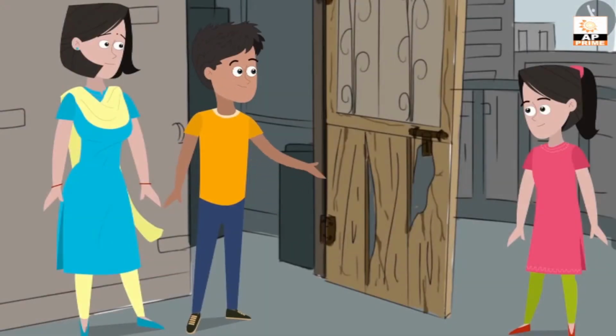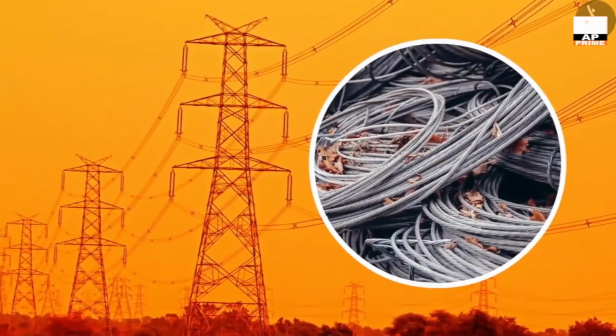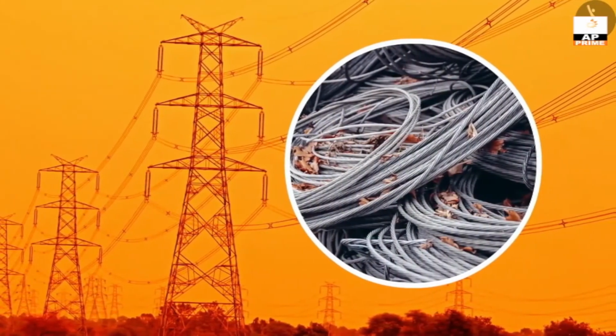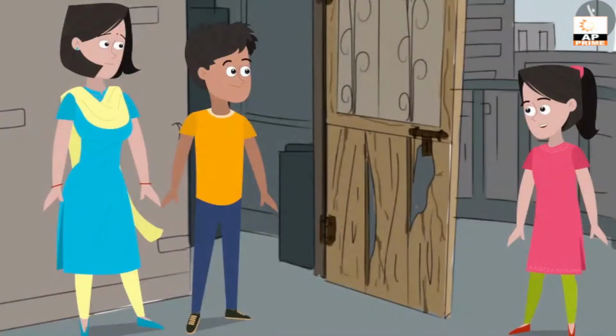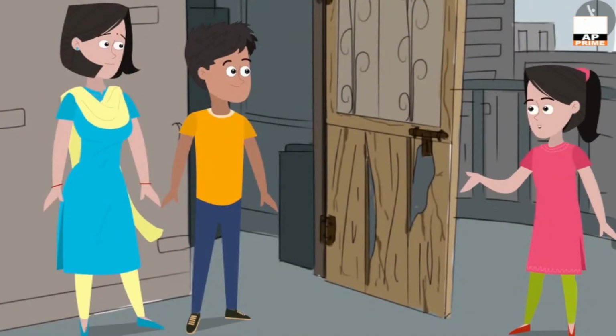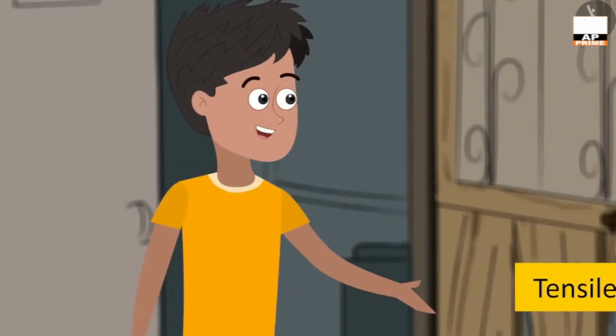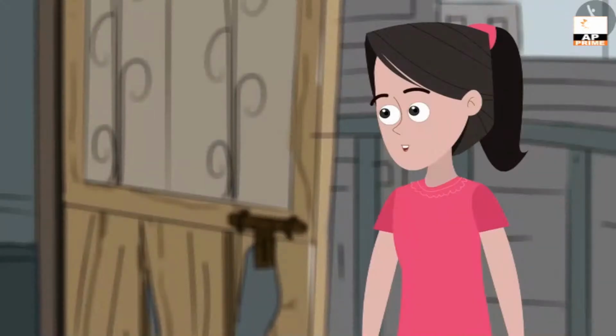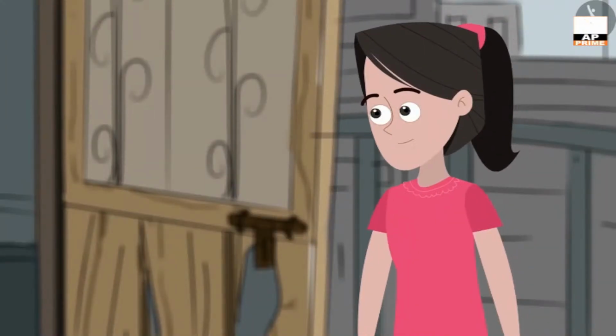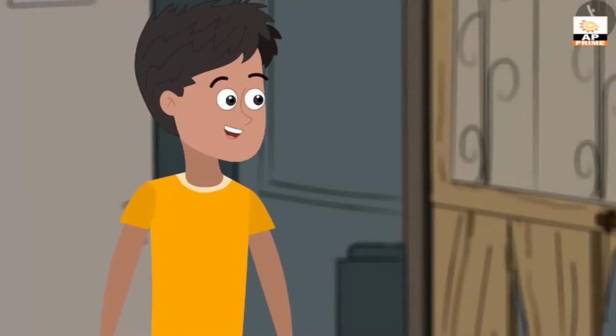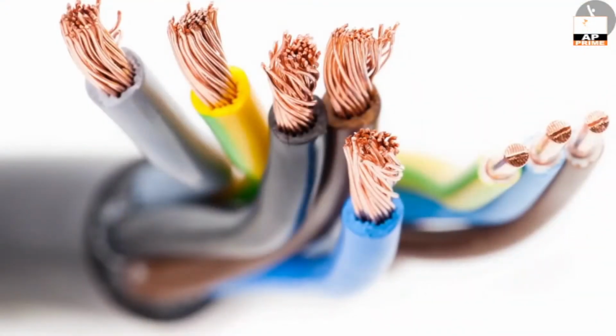Sanya, do you know utilizing this property, wires are made using metals? Wires? Making of wires also involves utilizing a property of metals? Yes, wires are made utilizing the tensile property of metals. Oh, okay. Okay, tell me, you have seen wires, haven't you?